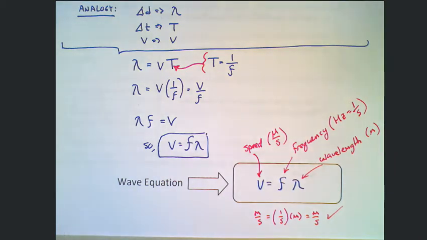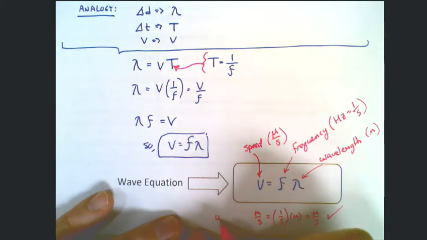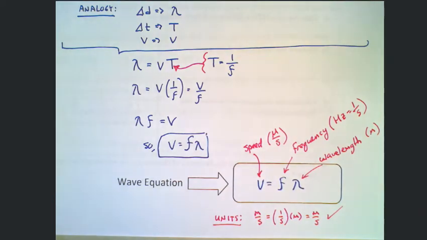So let's actually look at some problems and some questions that involve the wave equation, v equals f lambda. The examples that we're going to look at are, oh, here they are.